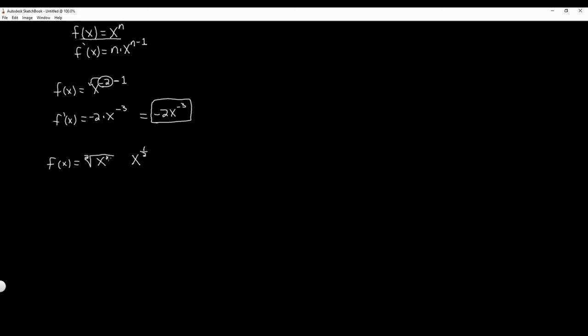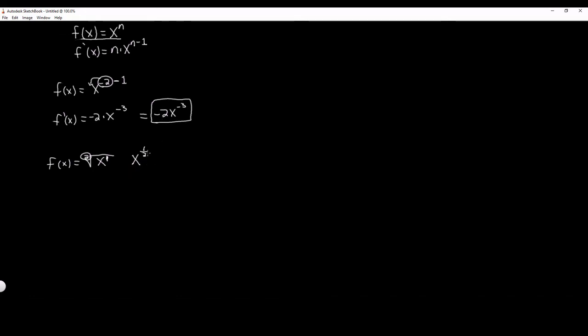And the way you do this, to write any square root, or the cube root or the fourth root of any variable, is you take the inside power, in this case it's 1, and put it on top, and then divide by the index, and in this case it's 2. And that's how you can change any square root, cube root of anything into the form x to the n.